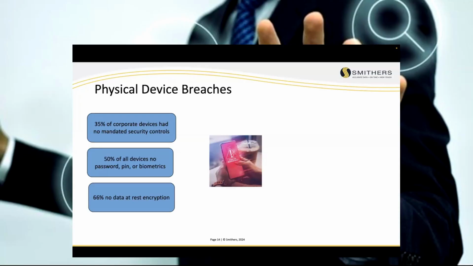I have devices like here in my home office, a device that I can plug a hard drive into. If you don't have data at rest encryption, yep, you'll keep me from logging into your computer. But if there's no encryption on the hard drive, I'll pop that hard drive into one of these readers and I can read everything on the hard drive. 2/3 of all computers and 2/3 of all mobile devices don't have data at rest encryption.